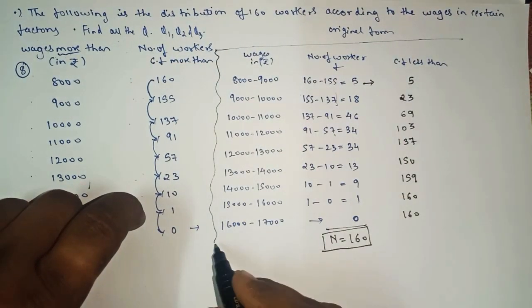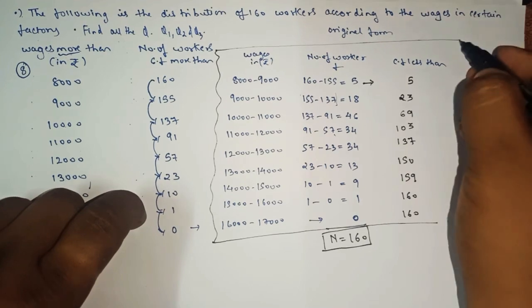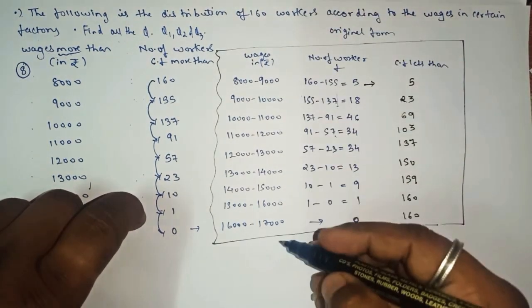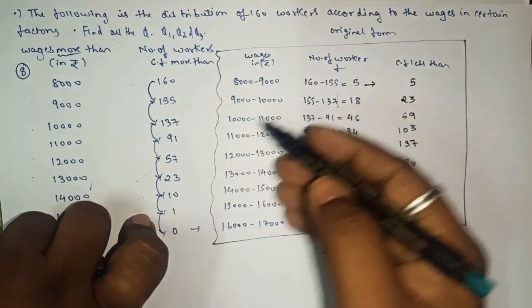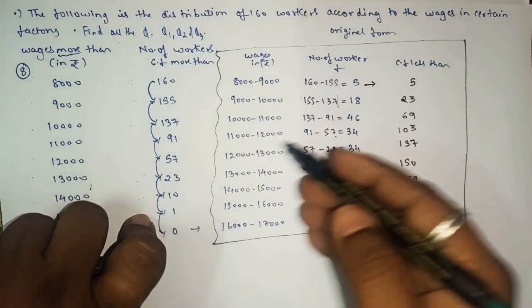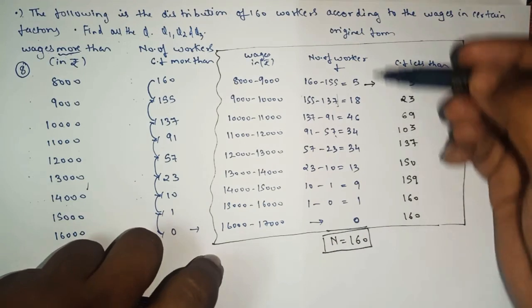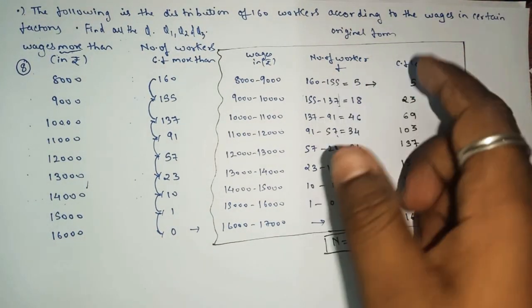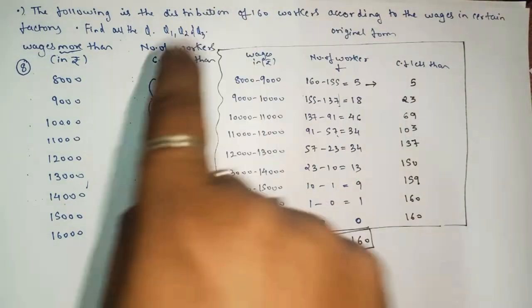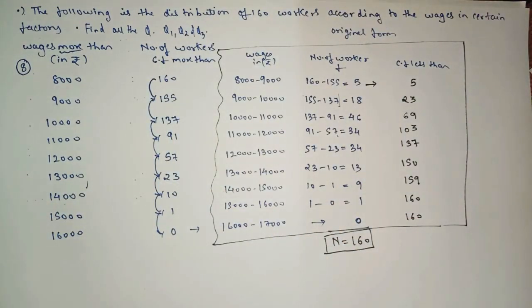Yes or no? That is the class. Clearly we can see that the class is continuous, and here we have the frequency. I hope you all understood how we got the frequency with respect to the cumulative frequency more than.